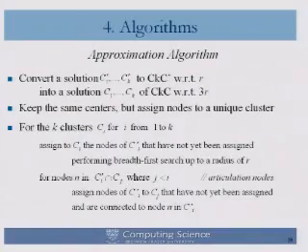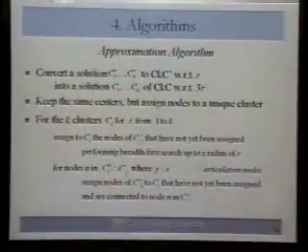Now, the second ingredient that we need for our approximation algorithm is the conversion of a given exact solution to the CKC prime problem, C1 prime to CK prime, with respect to radius R, into a solution C1 to CK of the original CKC problem with respect to 3R.